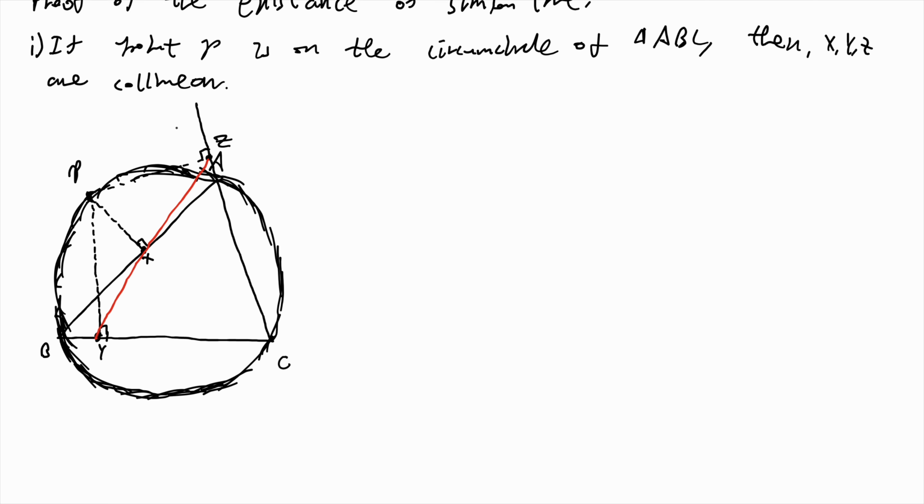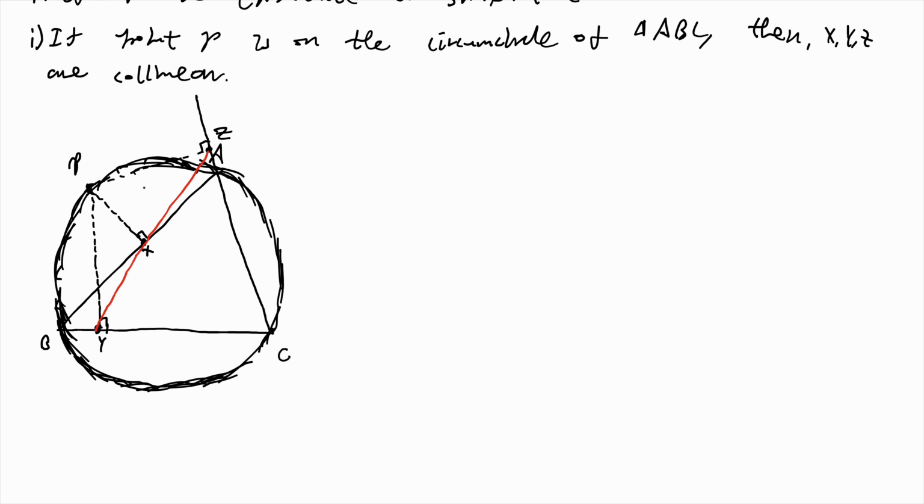So let's prove this first. We're first assuming that the point P is on the circumcircle of triangle ABC. How should we start?